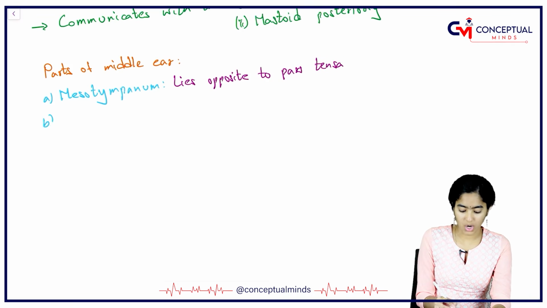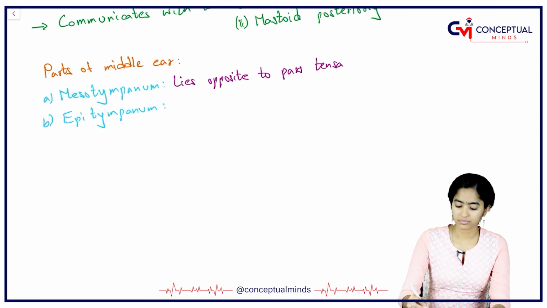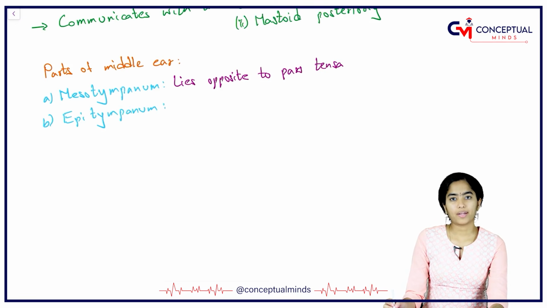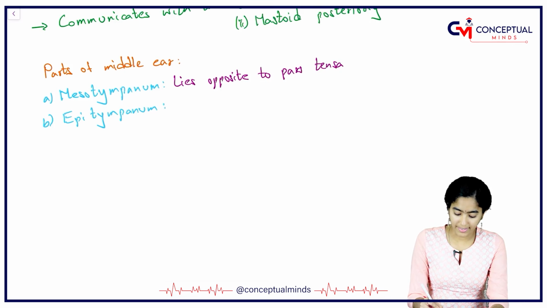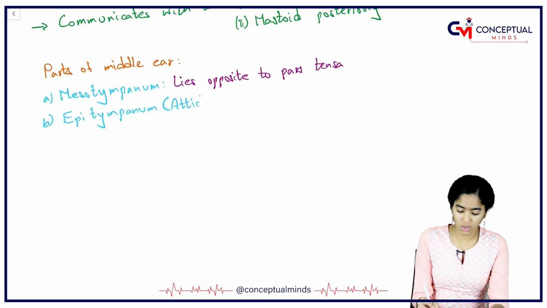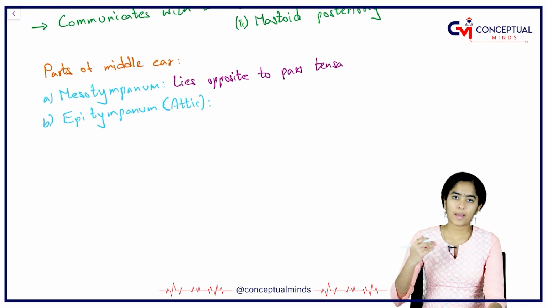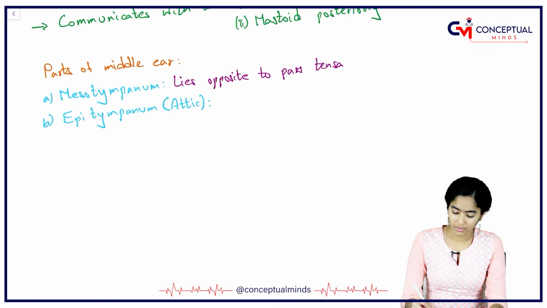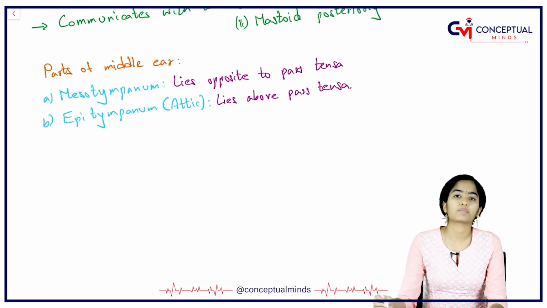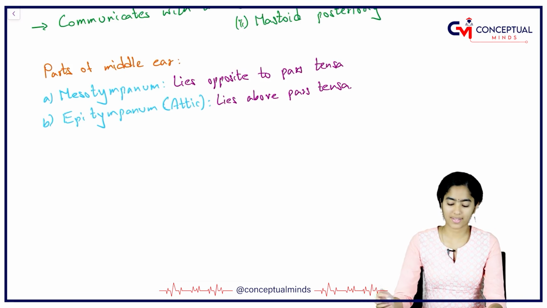The second part is called as epitympanum. What is epitympanum? It is also known as attic. The epitympanum is also called as attic. Attic is that part of middle ear that lies above the pars tensa. So what is present above pars tensa? The Shrapnell's membrane, pars flaccida, and also some bony attic wall is present.